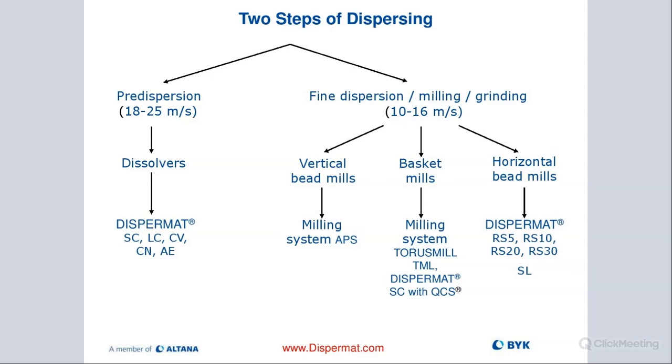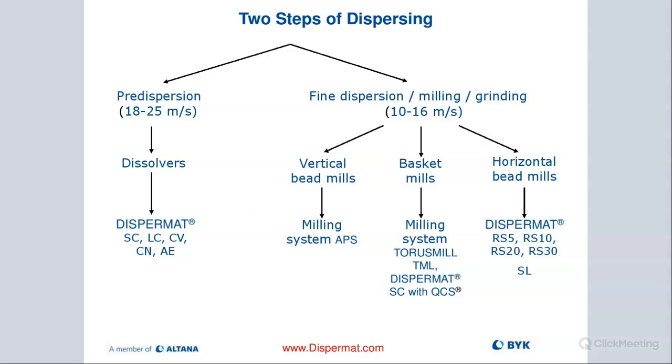When we look at the two steps of the dispersing process, we covered the pre-dispersion process a few weeks ago, and today we're going to talk about the fine dispersion process. But I want to mention that it's really important to remember the 18 to 25 meters per second of tip speed.